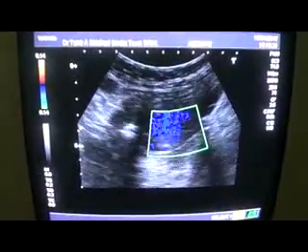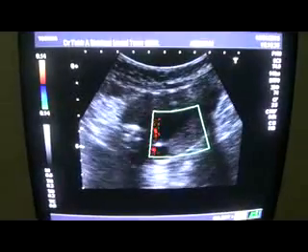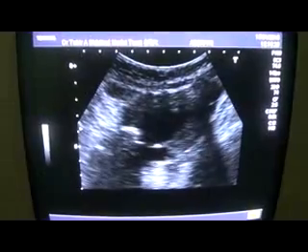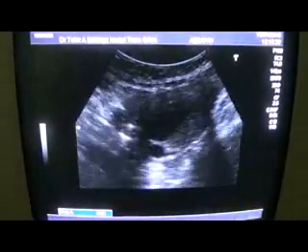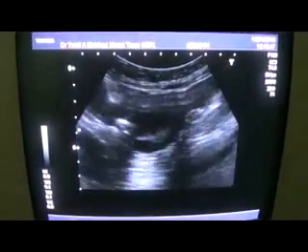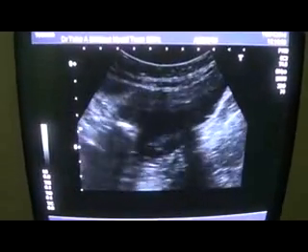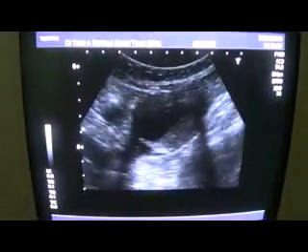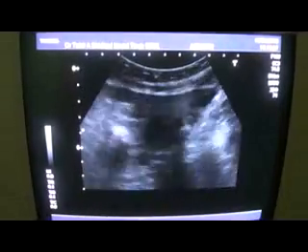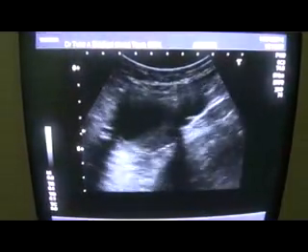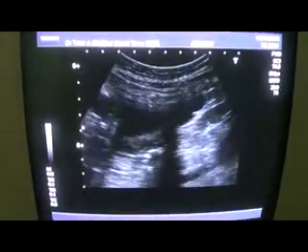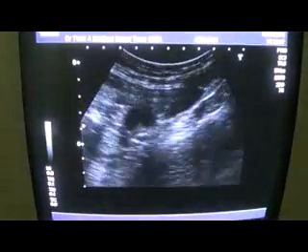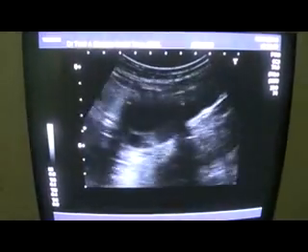No significant vascularity is seen. So this is a cyst on the left side, a left ovarian cyst, a cystic mass with internal calcifications and debris, dependent region debris on the left side, left ovary.